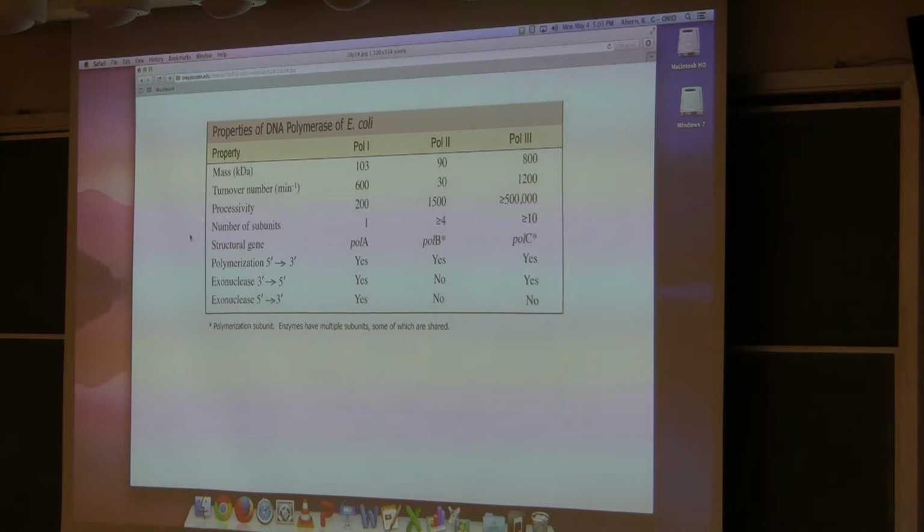What makes a strong promoter or a weak promoter? It's actually fairly simple in the case of E. coli. It really depends on how well the sigma factor likes it. So if the sigma factor likes it, it'll bind and the polymerase will start transcribing.